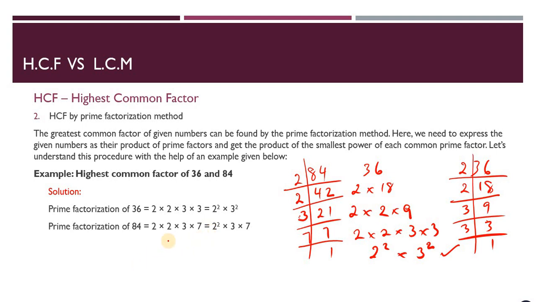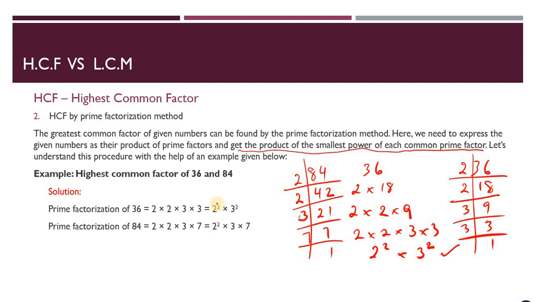Now according to the method, what we need to do here is get the product of the smallest power of each common prime factor. So we look at this, 2 to the second and 2 to the second. We get the product of the smallest power.